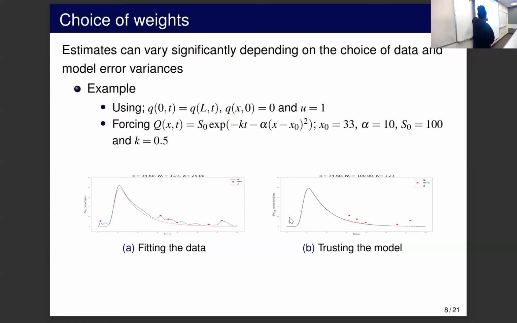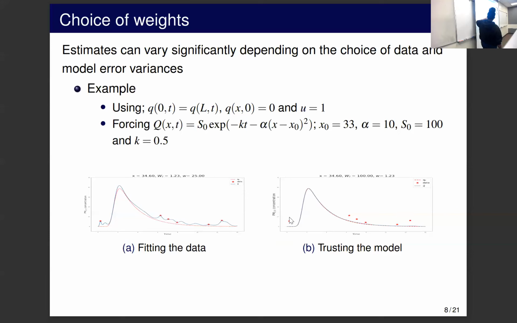As we can see in this example, we used periodic boundary conditions. We set the initial condition to be equal to 0, and use a constant wind field equal to 1, and add an exponential function as our forcing with the different parameters as seen. And in this, we obtained a set of results.